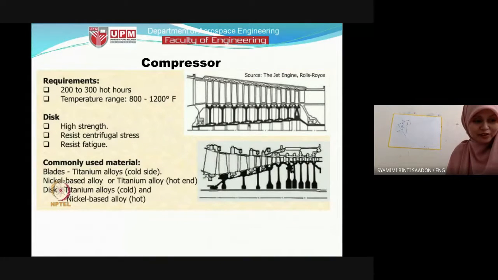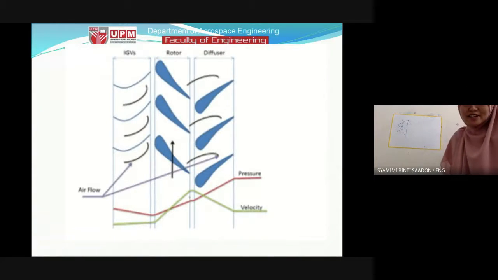Okay, I think I draw this one. Imagine if we have blade, this figure.